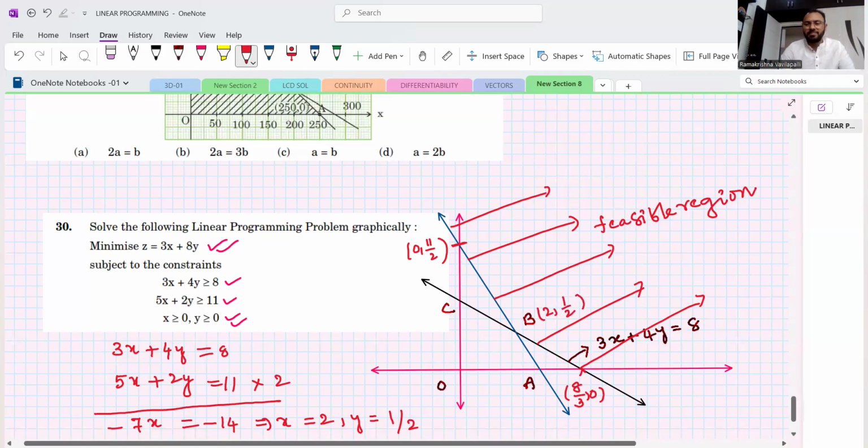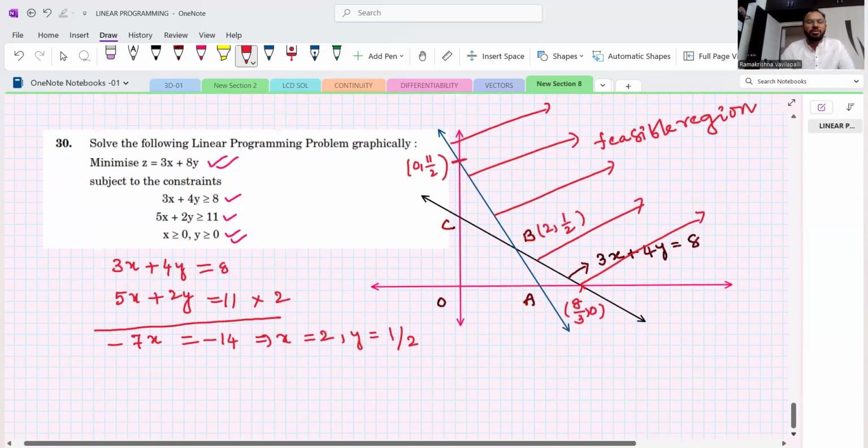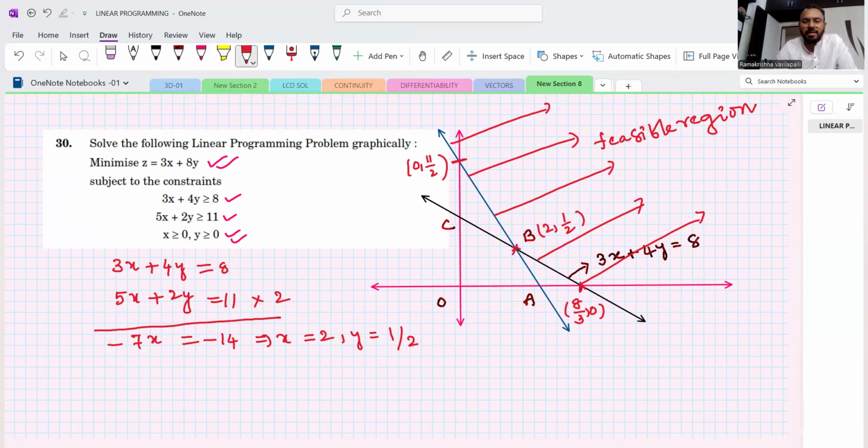All right. So we have to find the minimum of this expression. Substitute each corner point. This is known as the corner method.